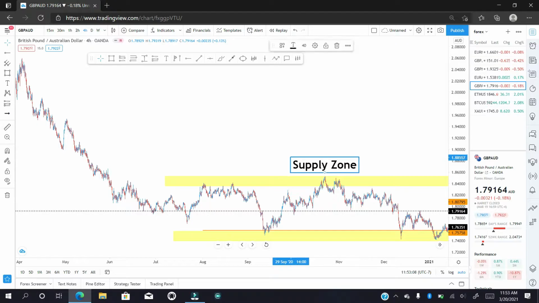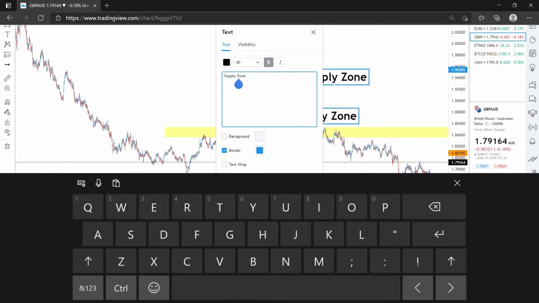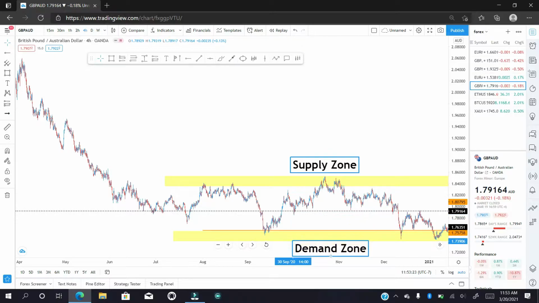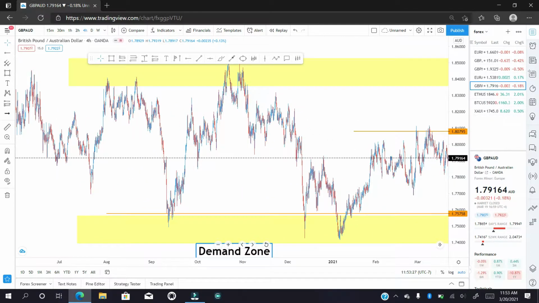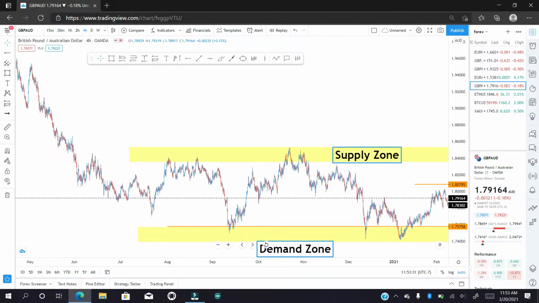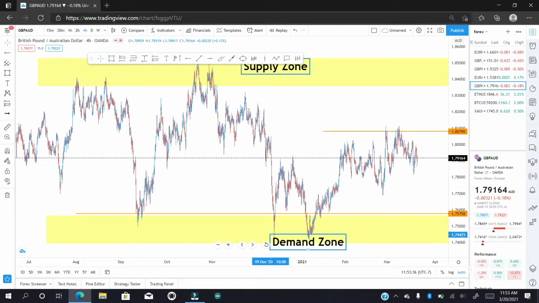We have a supply zone here at the top, and you have a demand zone at the bottom, right here. So let me put that here. Okay, so we have supply and demand.